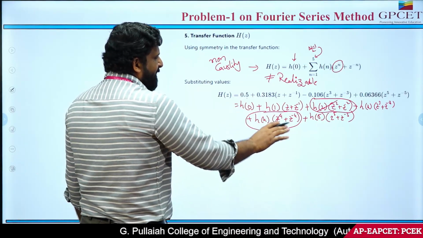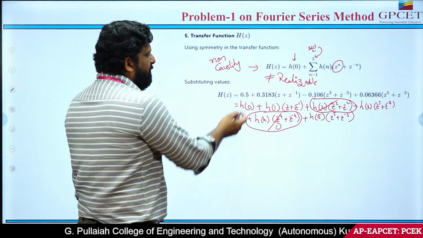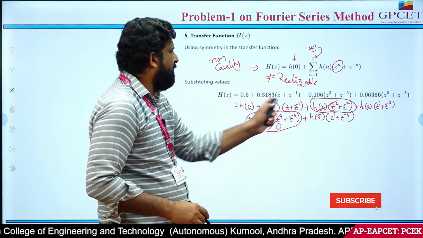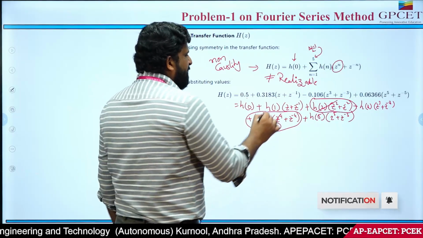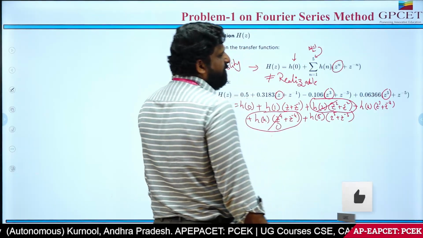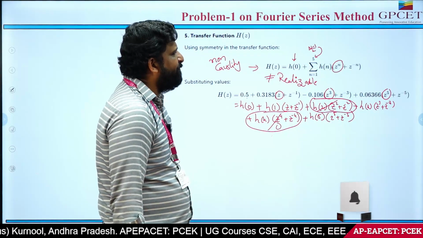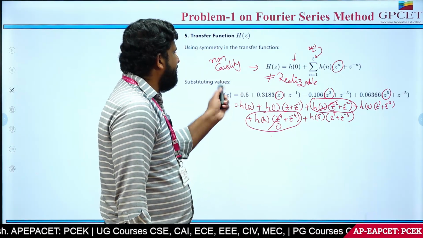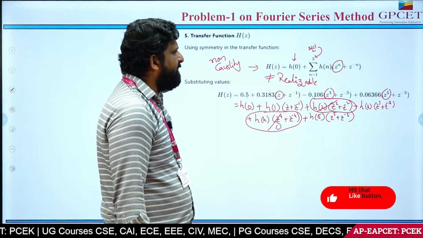So after expanding and after substituting all the symmetrical values, the finalized equation we got is this one. You can see here z cube, z power 5, all the positive power factors are there. So it is very difficult to realize this kind of transfer function, and we say that these systems are said to be non-causality systems.